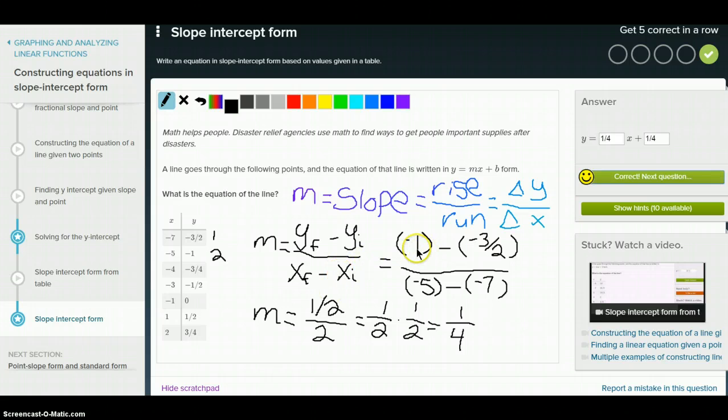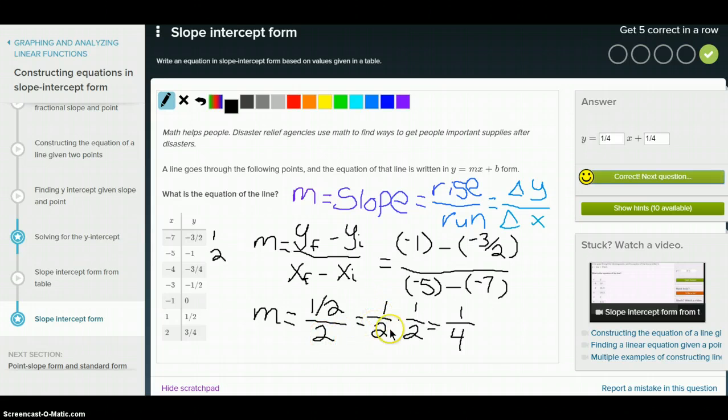So we see here that for point 2 the y value is -1, and so we're going to do -1 minus -3/2, because that's the y value at point 1. And the same thing for the x values, we get -5 minus -7. We simplify that a little bit, and we get 1/2 over 2, because we're adding -1 plus 1.5, and so that is 0.5 or 1/2, and then -5 minus -7 is -5 plus 7, so that's 2.